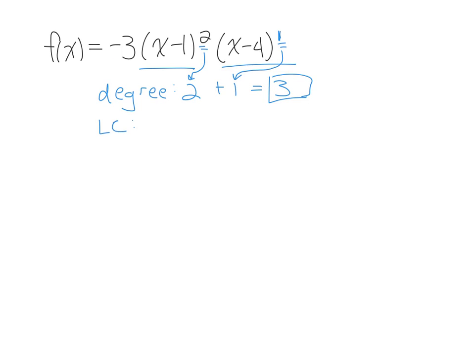So we will be getting this -3 right from here. We're going to take the 1 from this set of parentheses, and the exponent there is squared, times the 1 from the second set of parentheses raised to the first power.